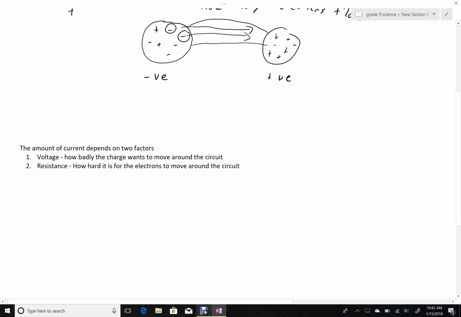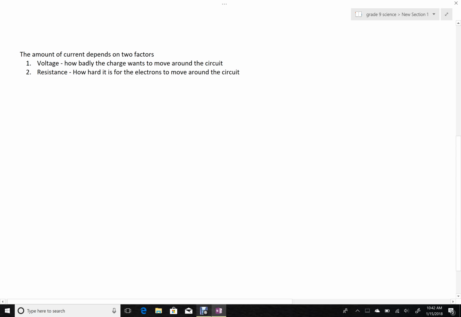The actual amount of electrons that we have moving from one location to another location depends on two factors. First of all, when these two regions are set up at the positive and negative terminals of the battery, we can have regions that are more negative and more positive, or less negative and less positive.